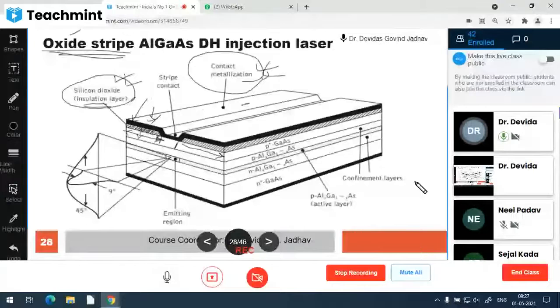So this total width is divided into three areas: silicon dioxide present, silicon dioxide not present, and again silicon dioxide present. In this very thin strip the metal is directly electrically connected with the semiconductor.